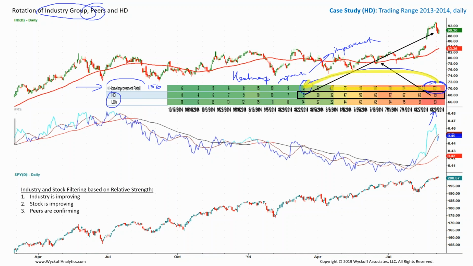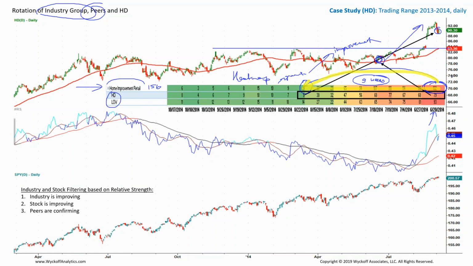Look at what has happened during these nine weeks. The relative strength has improved. The comparative strength has improved. Well, where was it? It was right here, and then the end of these nine weeks was right here. So what happened was the price went up.